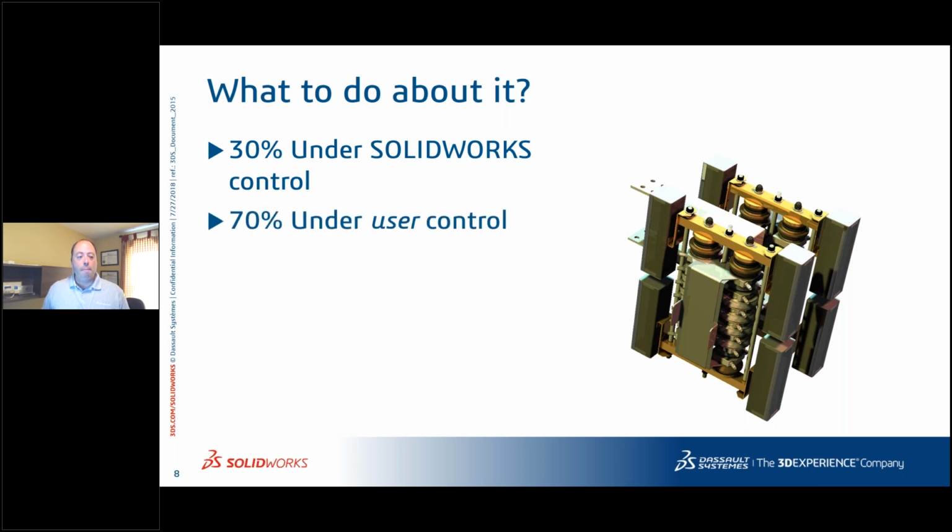But at the end of the day, most of the enhancements you can make to a large assembly are going to be under user control. So we're going to focus, especially for this half of our presentation, on user controls, things you can do to make your assembly better and faster.